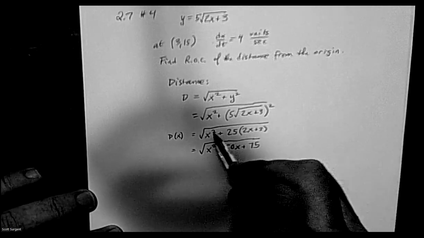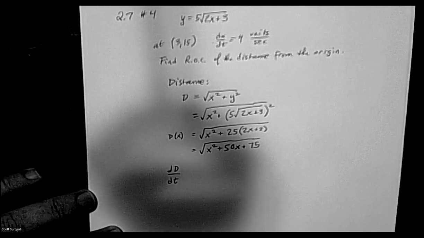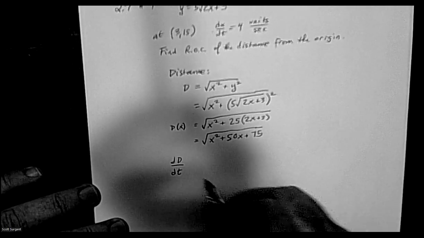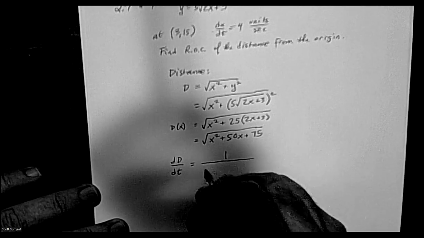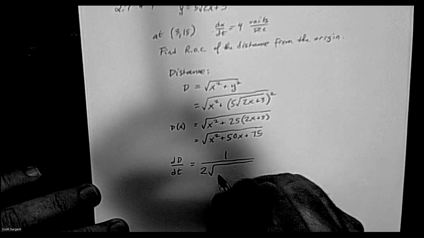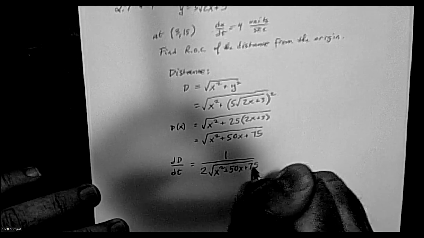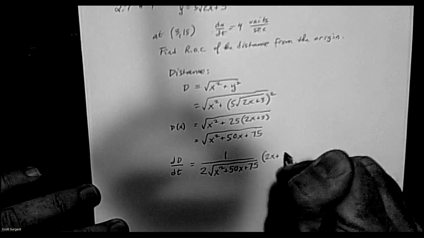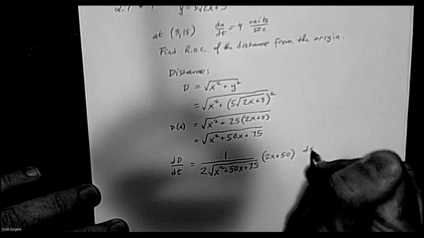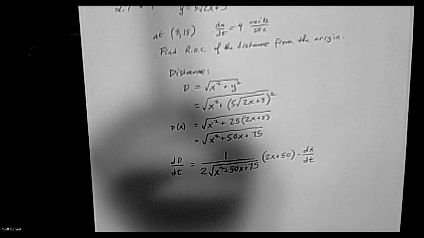So dd/dt is equal to, now I have to take the derivative of this whole thing, so it's going to be 1 over 2 square root of the whole thing. And then the chain rule, 2x plus 50. And then I have dx/dt. That's by the chain rule also. Let me pause there for a moment.